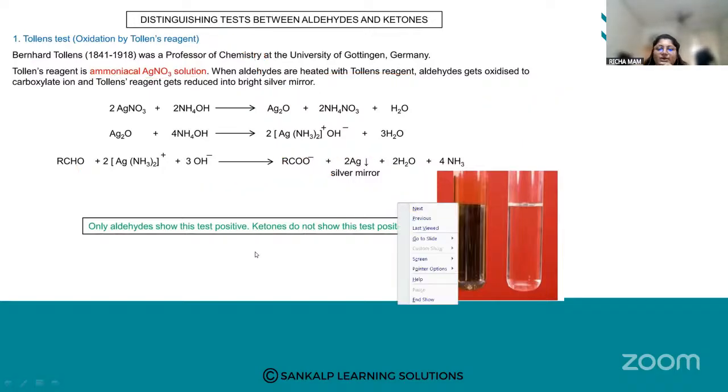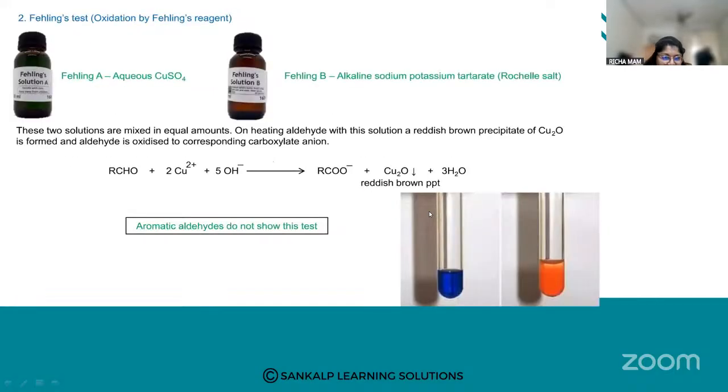Let us go for the next one. Next is Fehling's test. Fehling's test consists mainly of two solutions. The first one is Fehling's A, another is Fehling's B. It is a good oxidizing agent.